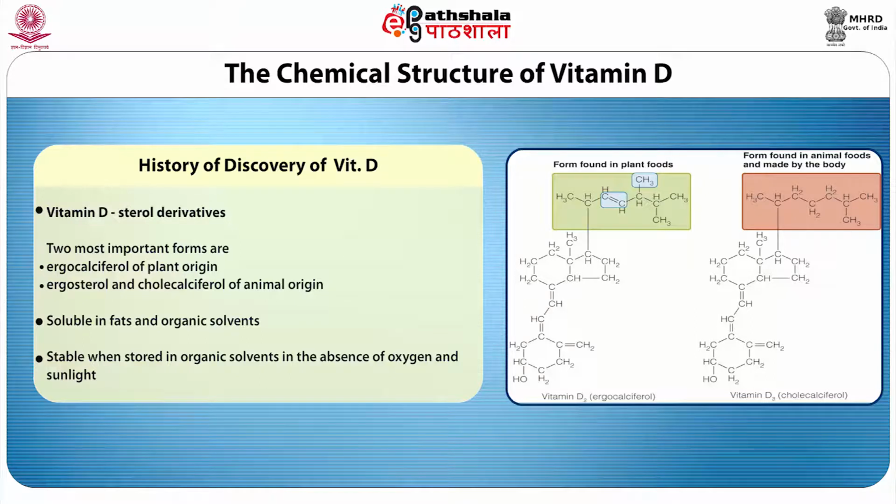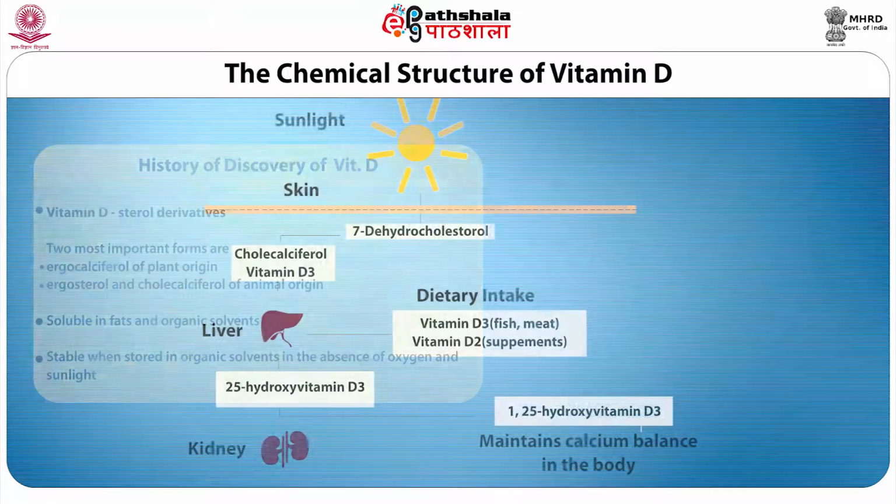The conversion occurs on exposure to UV rays from sunlight. Vitamin D is soluble in fats and organic solvents ranging from hexane to methanol. It is stable when stored in organic solvents in the absence of oxygen and sunlight.